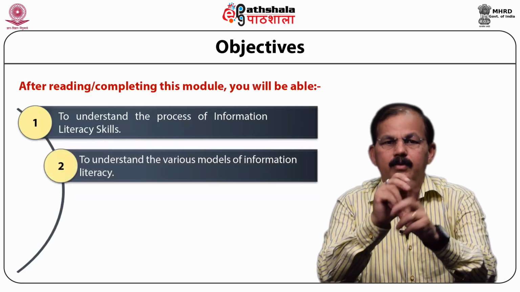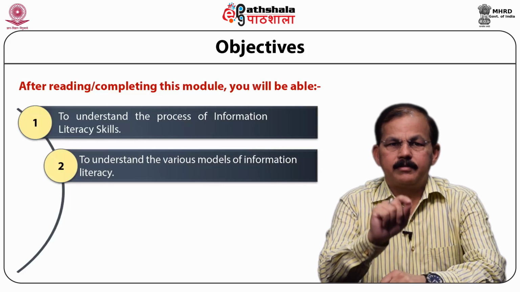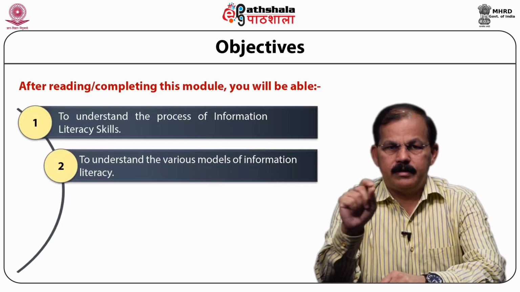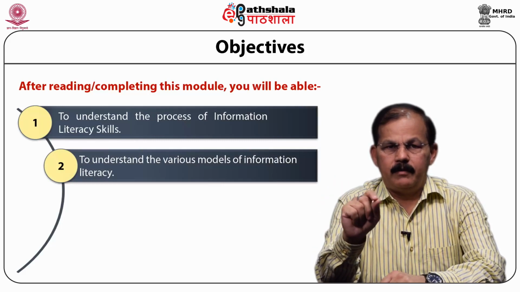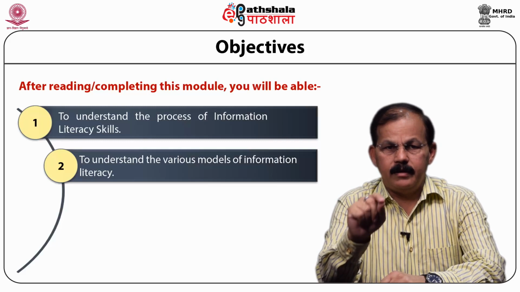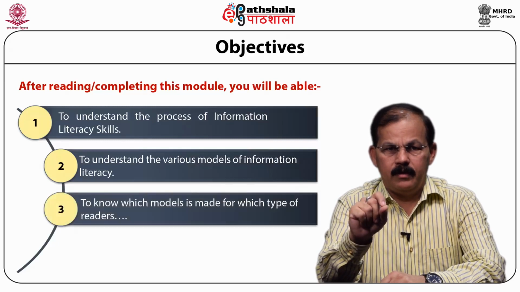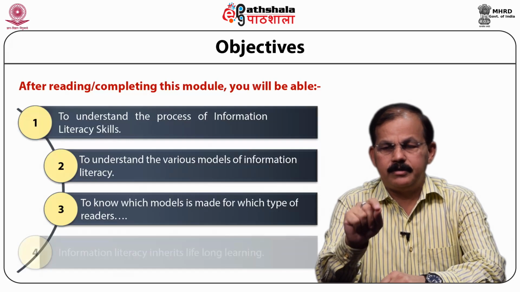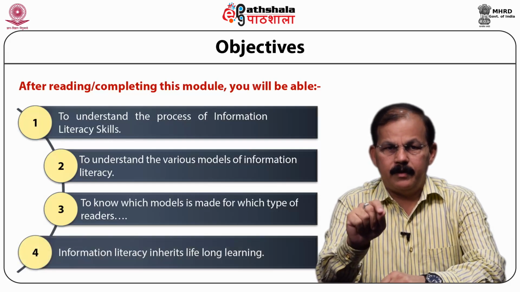Next, to understand the various models of information literacy, such as models developed by individuals and by associations, institutions, and organizations. And the next objective is to know which model is made for which type of reader. Information literacy inherits lifelong learning.